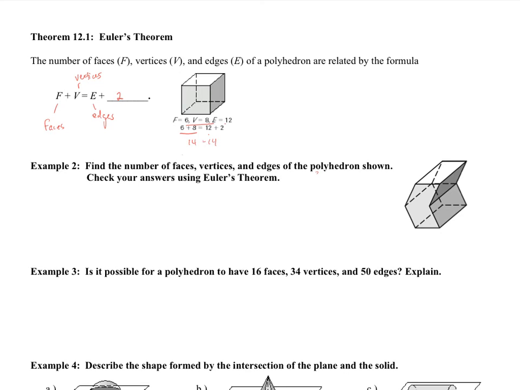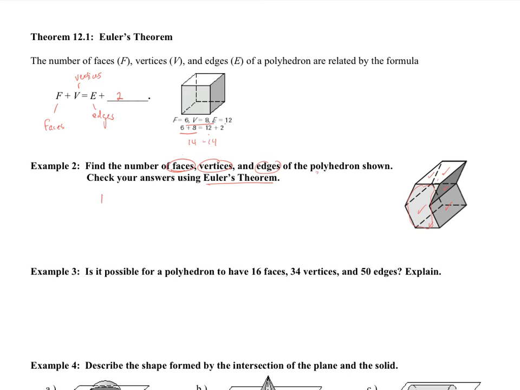Example 2, first it wants you to find the number of faces, vertices, and edges of this polyhedron shown, and then it wants you to check your answer using Euler's theorem. So we'll first count the number of faces. 1, 2, 3, 4, 5, 6, and then the sides 7, 8.